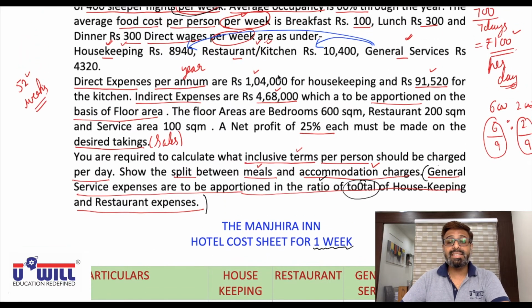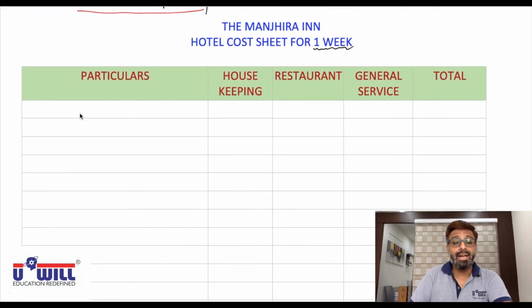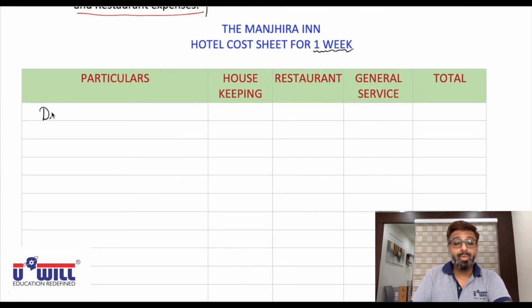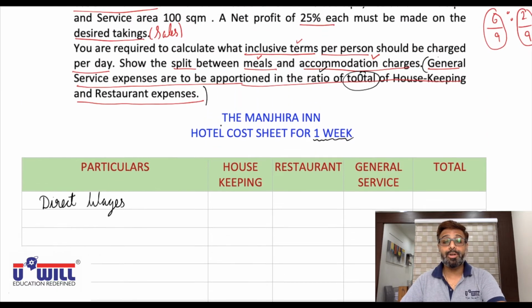We will directly start with, after food cost, what is given to you? Direct wages. We will directly start with that. So all of you write down direct wages. Now, what are direct wages given to you?